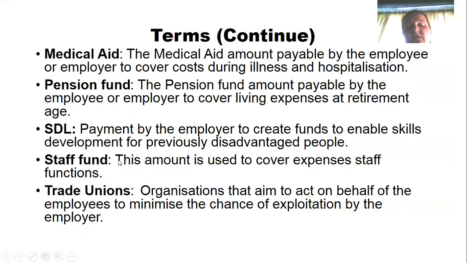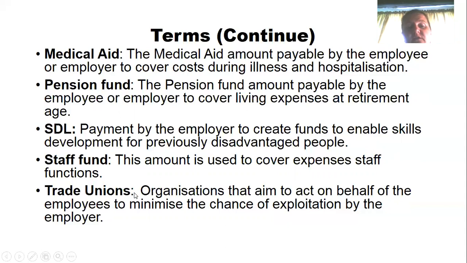And then you get staff funds. A staff fund covers expenses that staff themselves would create or have, staff functions. So if somebody is pregnant and you've got a stork team, things like that, that covers the staff fund. Some organizations use this to buy sugar and tea and coffee and things like that.